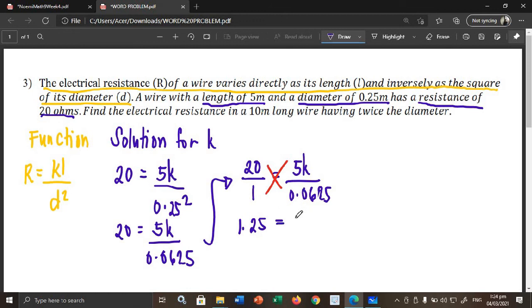Equals 1 times 5K, that is equal to 5K. And then, to cancel out the coefficient of K, divide both sides by 5. The value of K now will be equal to 1.25 over 5. Dividing 1.25 by 5, we will get 0.25. Okay, so that will be now the value of the constant of variation, 0.25.